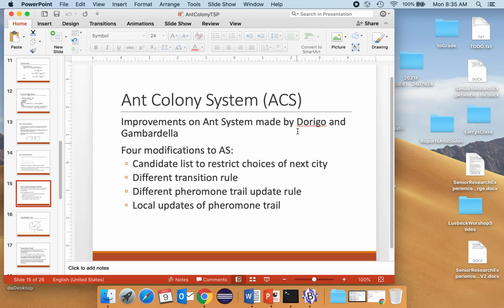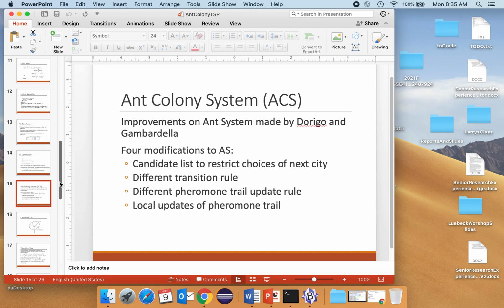So these two folks, Dorigo and Gambardella, made some improvements. They created a candidate list to restrict the choices of next cities. They used a different transition rule. They used a different pheromone trail update rule, and in particular, they have local updates of the pheromone trail. So now we're going to an area where we're getting inspired by nature rather than faithfully implementing it.